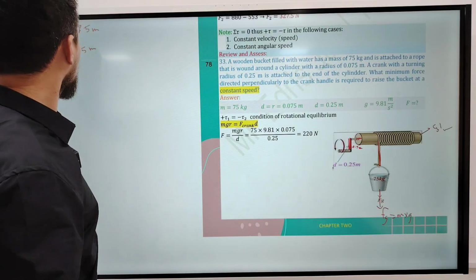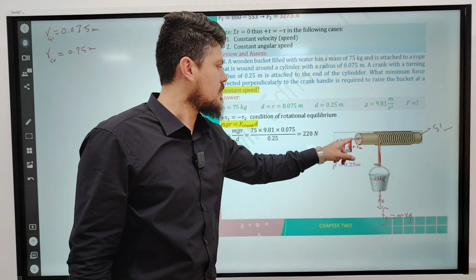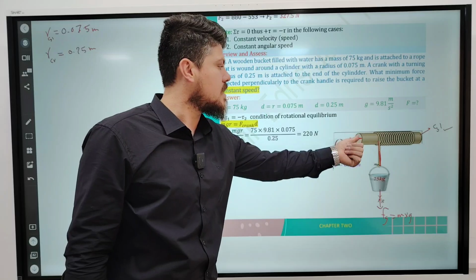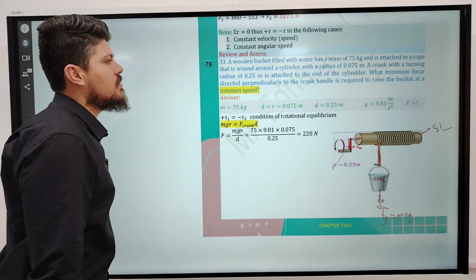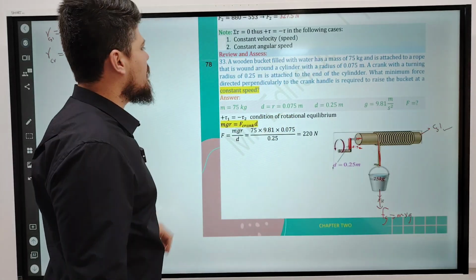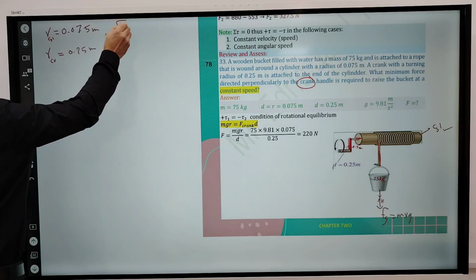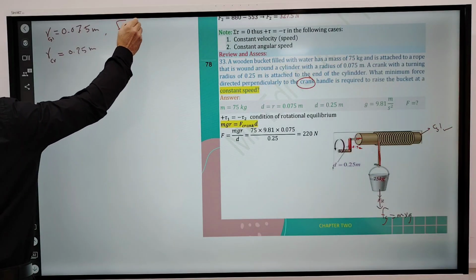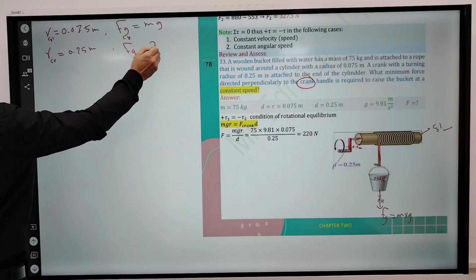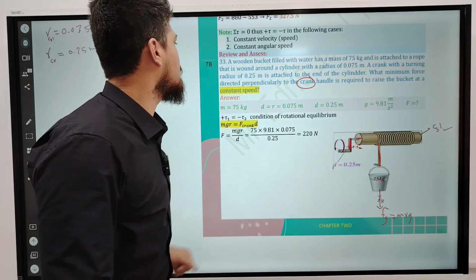So how many rotational radii do we have? Two. The distance of the crank from the axis of rotation is 0.25 meter, and the radius of the cylinder, which was given, is 0.075 meter. What minimum force directed perpendicular to the crank is required to raise the bucket at constant speed?